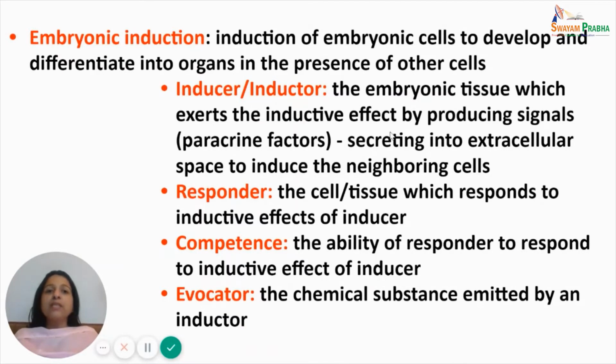These paracrine factors are secreted into extracellular space to induce the neighboring cells. While the responder is the cell or tissue which responds to the inductive effects of this inducer. And competence is the ability of a responder tissue to respond to the inductive effect of the inducer. Evocators are the chemical substances emitted by an inductor tissue.